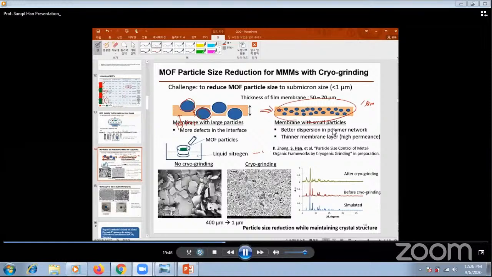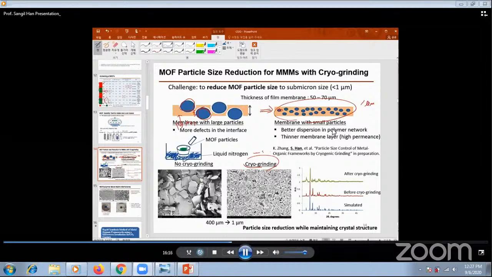In this method, liquid nitrogen surrounds the MOF particles contained in the reactor. By using the liquid nitrogen, the temperature of the MOF particles was significantly decreased, and then large particles were mechanically broken.